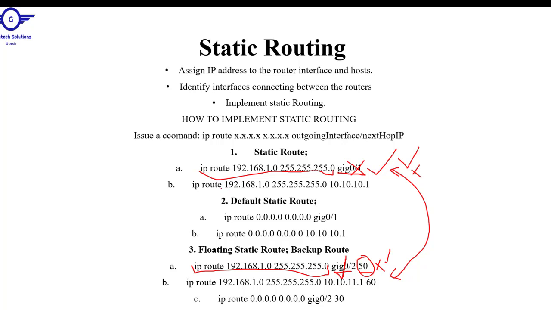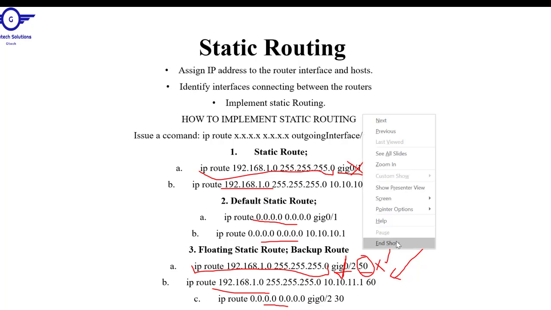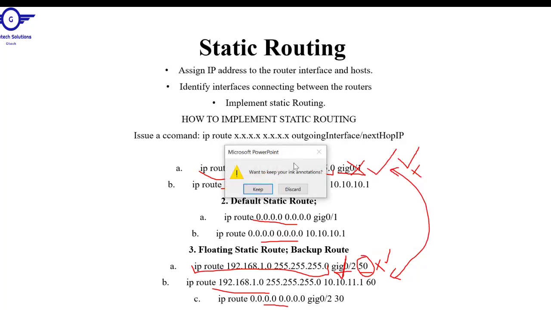So the same applies to this one and this one. Also for default static route, we can use backups just like this one. So it's very simple, just like this, very simple. Yeah, so I'll go to the packet tracer and configure floating static route.